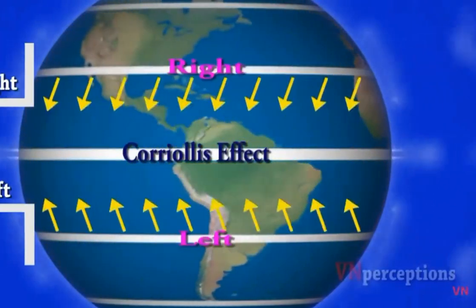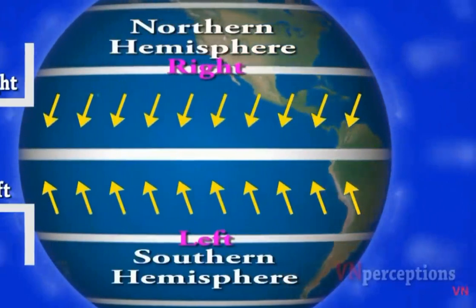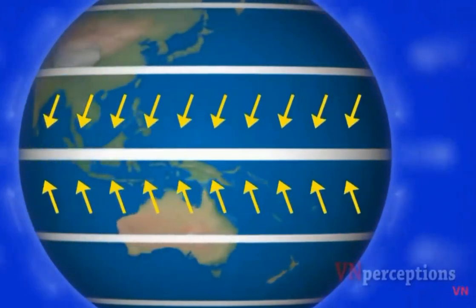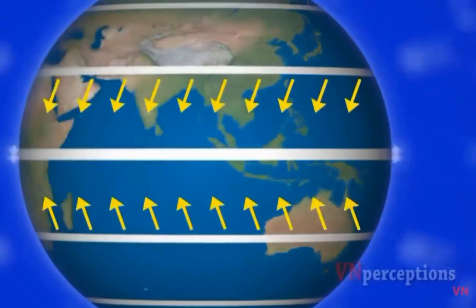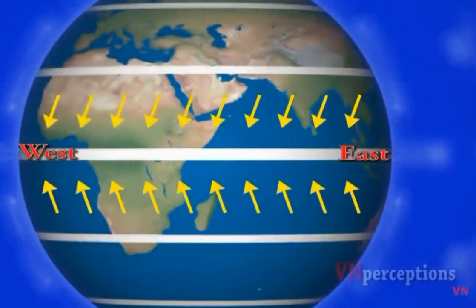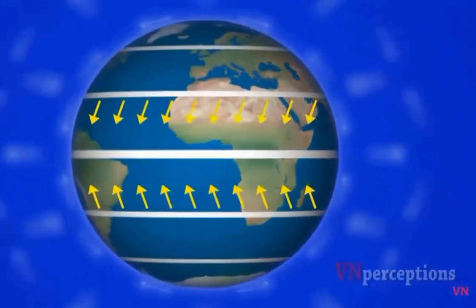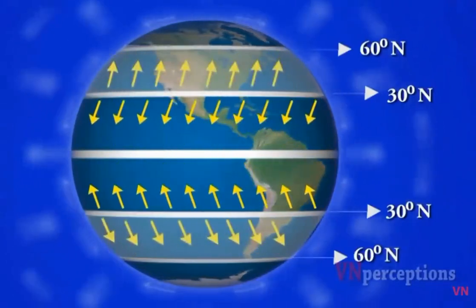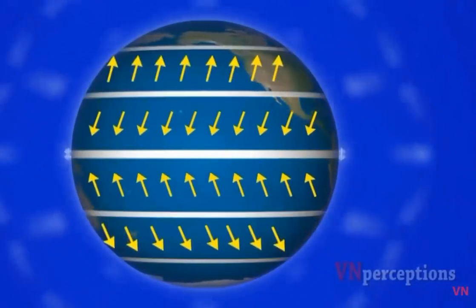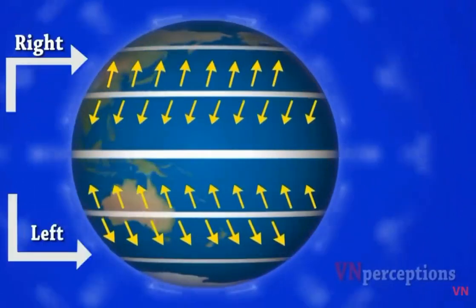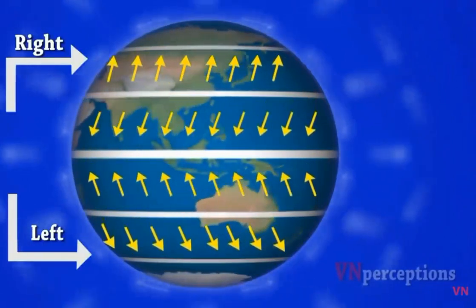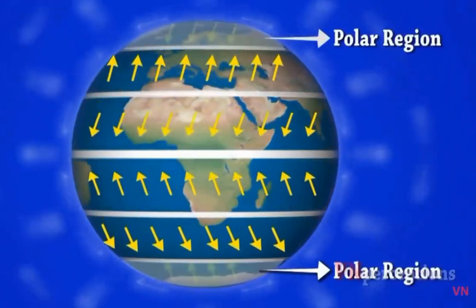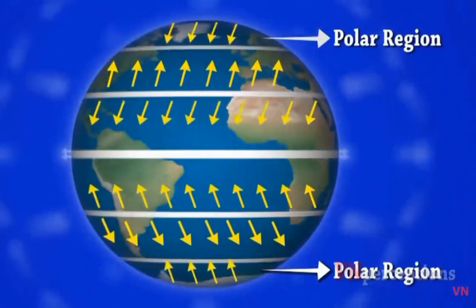The winds bend because the earth is spherical in shape and rotates from west to east. In the same way, between 30 and 60 degrees north and south, the wind bends towards the right and left in the northern and southern hemispheres respectively. Even at the polar region, the same phenomenon can be seen.